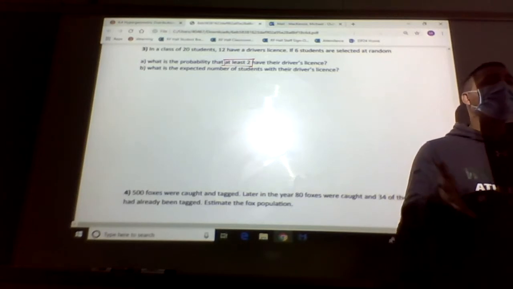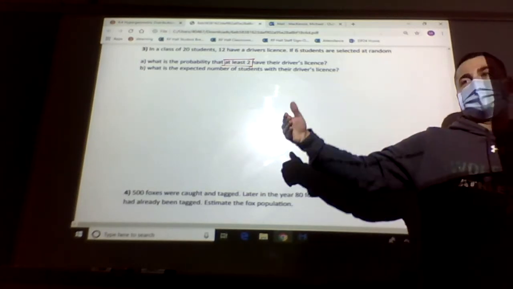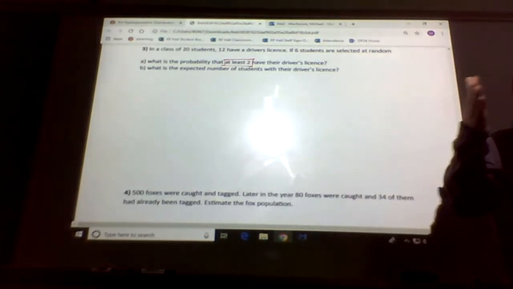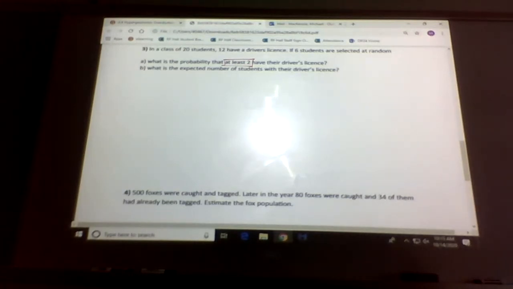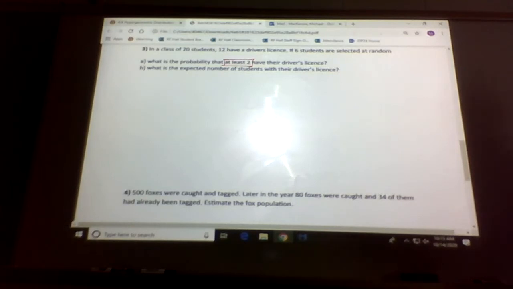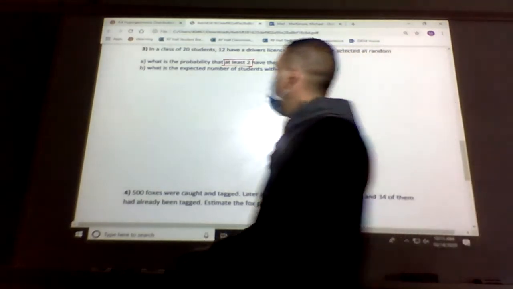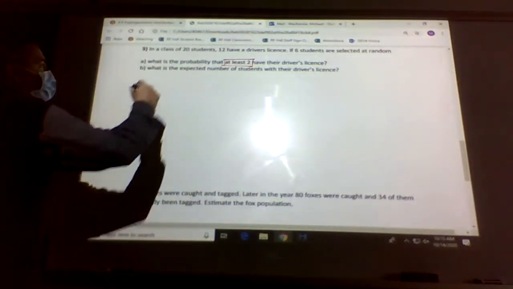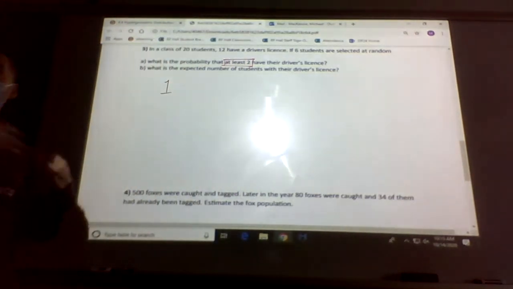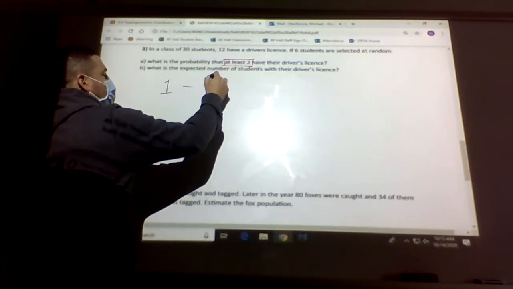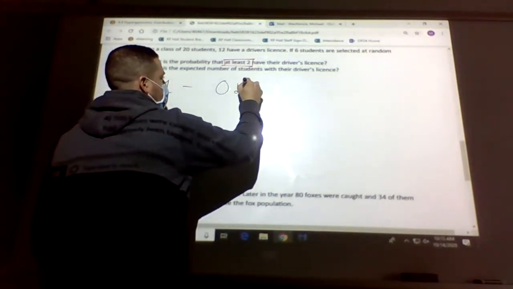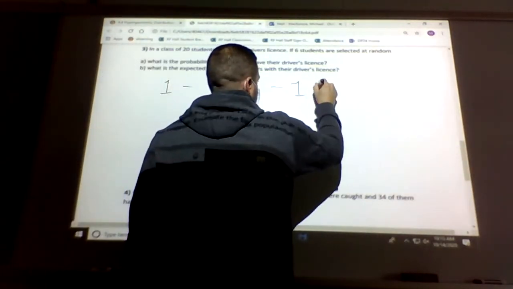In this case, it's easier to take the 100% and subtract 0 people with a license and 1 person with a license, as opposed to adding 2, 3, 4, 5, and 6, which will be 5 steps. So we want at least 2, so we're going to say 1, which is the total, 100%. Subtract 0 driver's license. Subtract 1 driver's license.